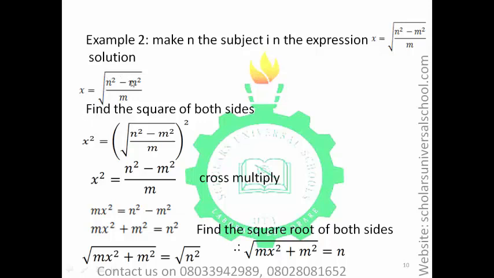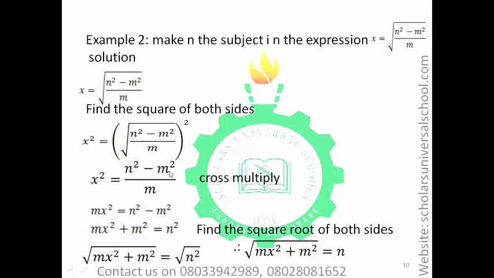The first thing is to take away this square root. And how can you take away this square root? You need to find the square of both sides. What is applicable to the right hand side is also applicable to the left hand side. So by the time you find the square of both sides, this square will cancel this square root. Then you will have x squared is equal to n squared minus m squared over m.